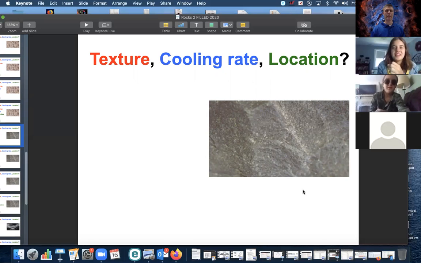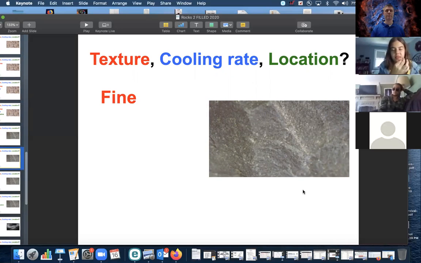Not quite glassy. A little bigger crystals than that. Anyone else? It's the one right in the middle. That one's fine.